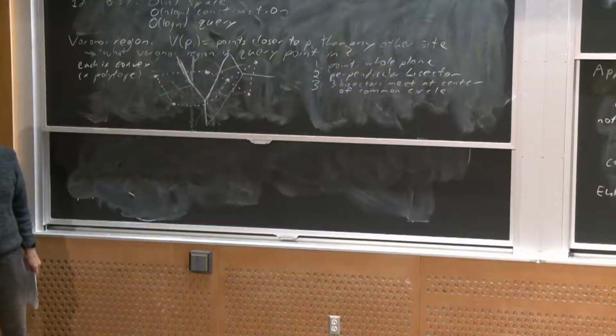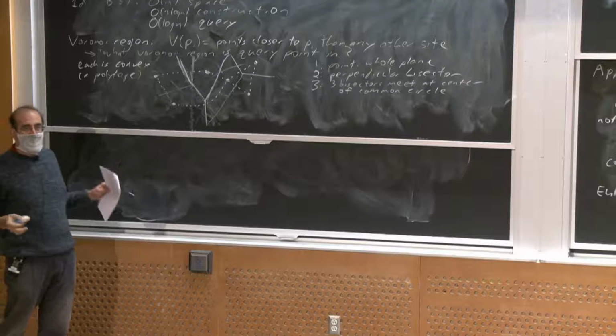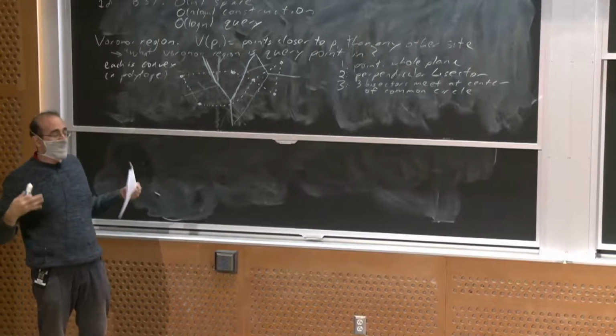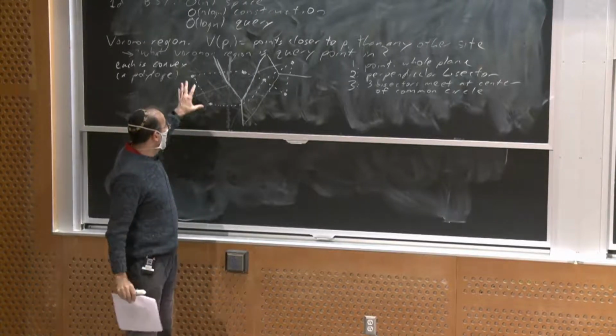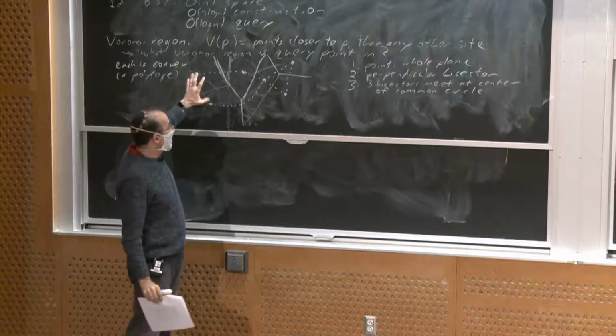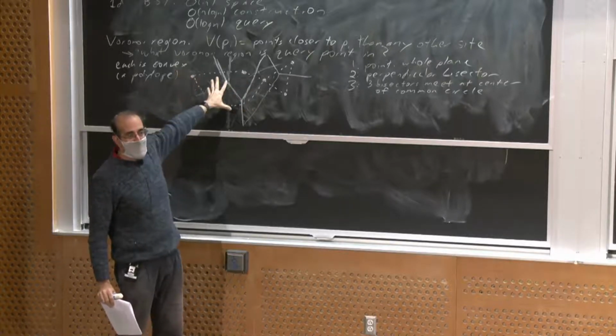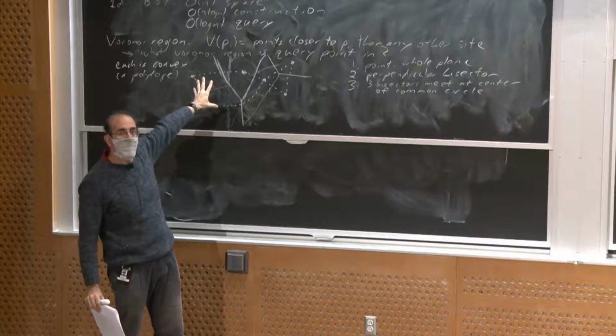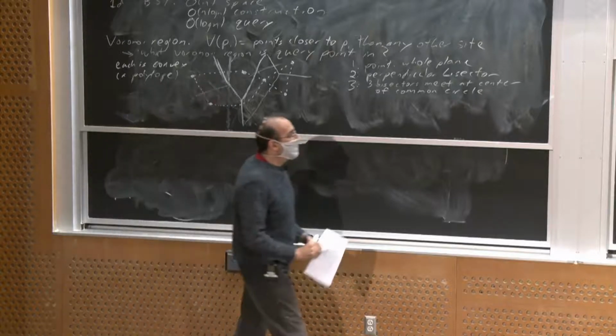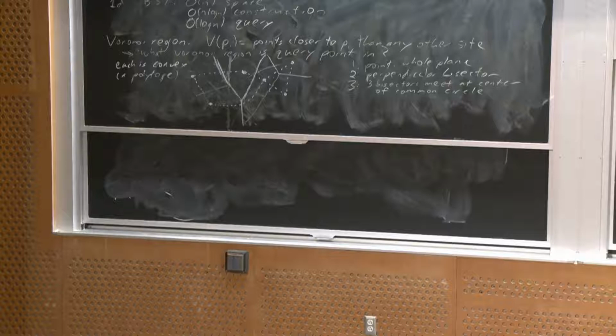Okay. So this is a dual process because you start with a planar graph, you construct a different planar graph, and if you take the dual of the new planar graph, you get back the old one. Okay? Now this dual planar graph is something that's known as the Delaunay triangulation.